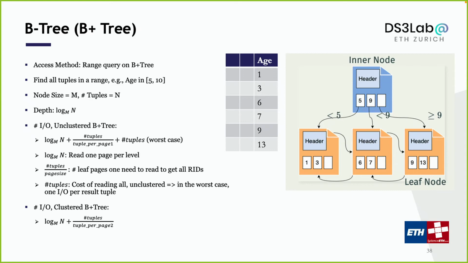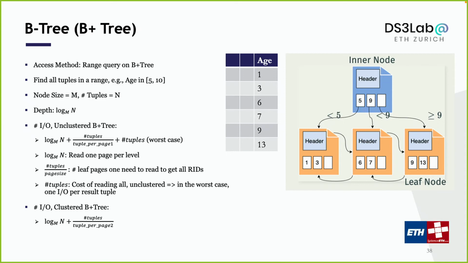If I have one query that has a very big range that's going to cover all the tuples, then clearly the clustered B plus tree is going to be faster. But on the other hand, it doesn't have to be. When the range is a little bit smaller, it's not really clear which one is faster.